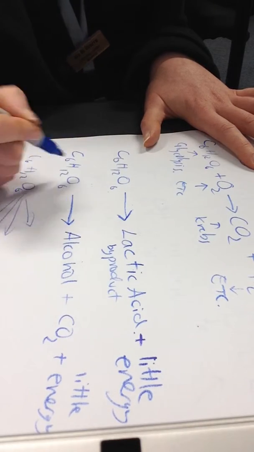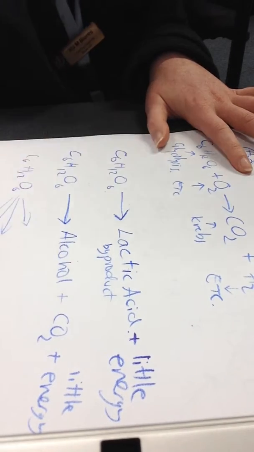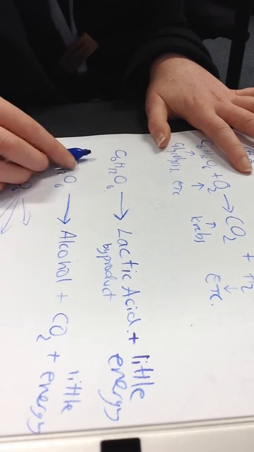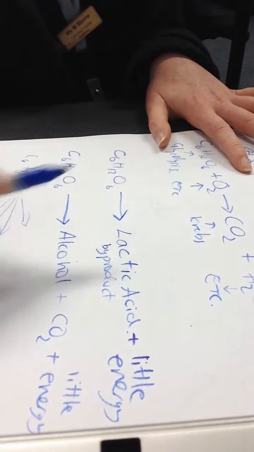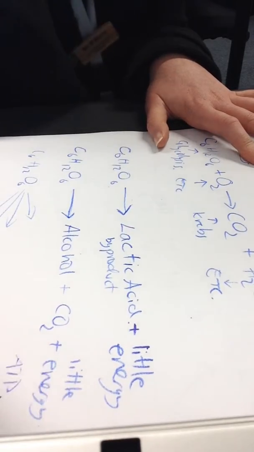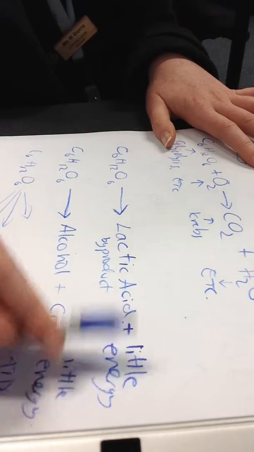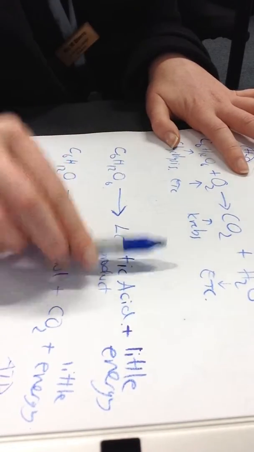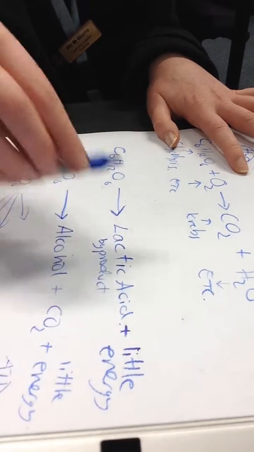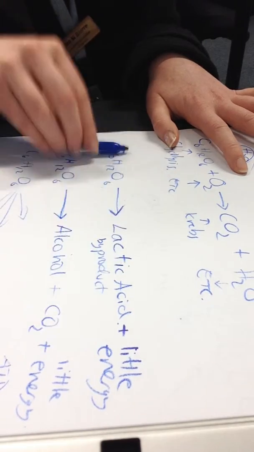The moral of the story is aerobic respiration gives you a much higher yield of energy, in the form of ATP, whereas anaerobic respiration doesn't give you as much energy. Often there are harmful byproducts, and not many animals can actually survive just doing anaerobic respiration.